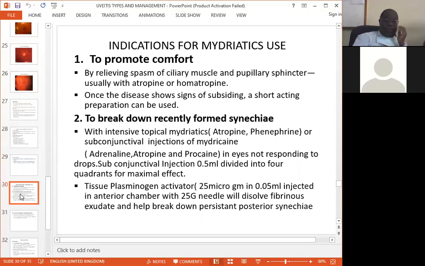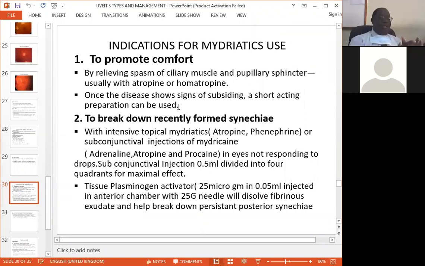Indications for mydriatics, these are the pupil dilating drugs. One is to promote comfort by relieving spasm of the ciliary muscle and the pupillary sphincter, usually with atropine or homatropine. Homatropine is a weaker one, atropine is a stronger one. Once the disease shows signs of subsiding, a short-acting preparation can be used.